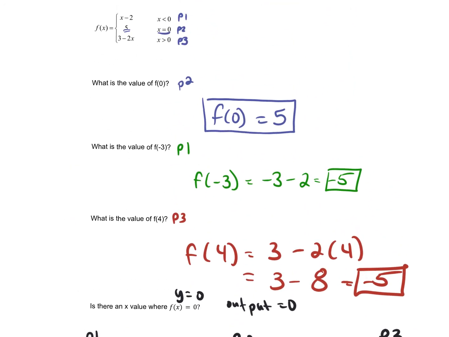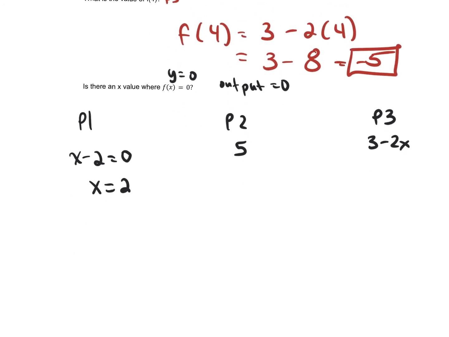But there is a problem. If you go up to piece 1, if you recall, that was only good for x less than 0. 2 is not less than 0, so even though that function, x minus 2, would eventually have a y of 0, it's not at an x that actually works. 5 also does not work. That's kind of ludicrous because 5 is never 0.